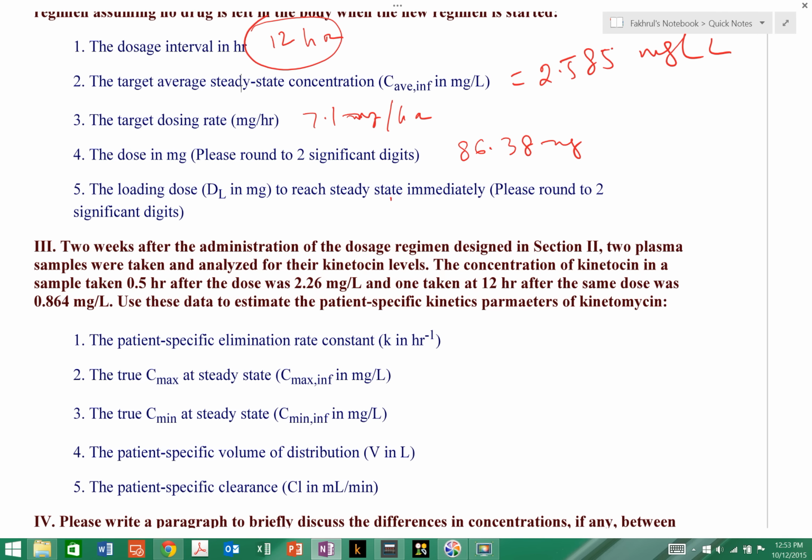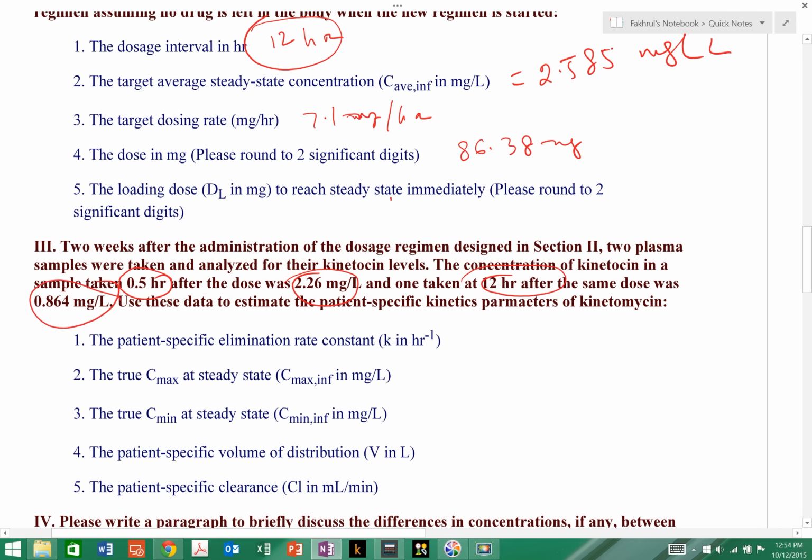Now we will move to another problem. 2 weeks after administration of the dosage regimen designed in section 2, 2 plasma samples are taken from the patient. The concentration of the drug was measured 0.5 hour after the dose and 12 hour after the same dose.